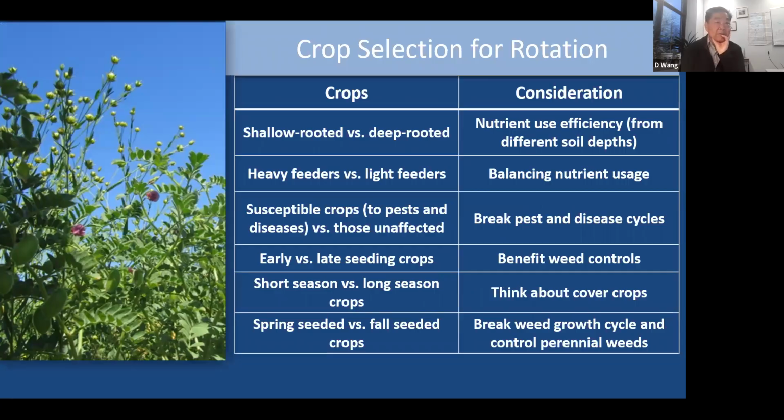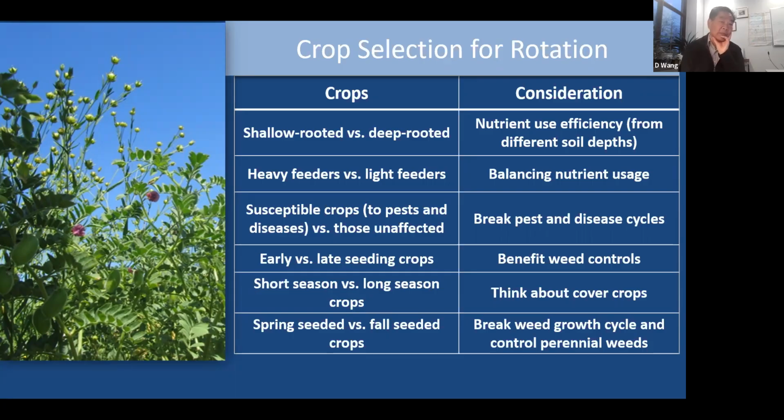Coming to the crop selection for rotation, we should probably rotate shallow-rooted with deep-rooted crops because of nutrient use efficiency.